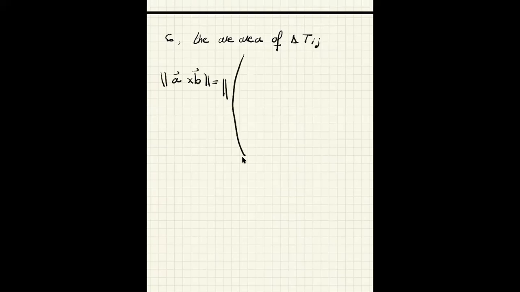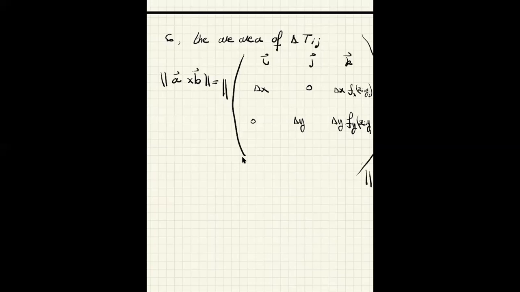So this is the norm of this vector here. Delta x, 0, delta x f_x at x_i, y_j; 0, delta y, f_y at x_i, y_j.